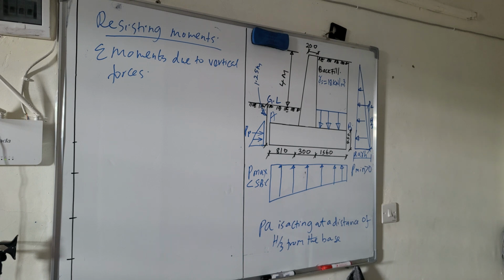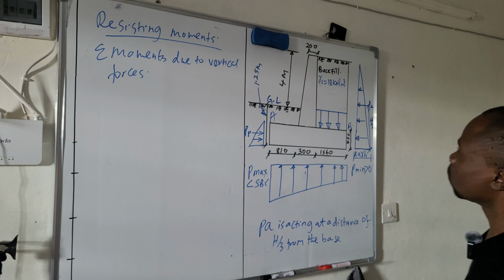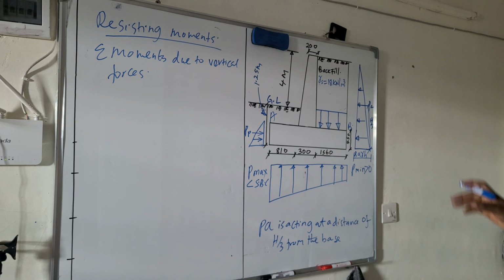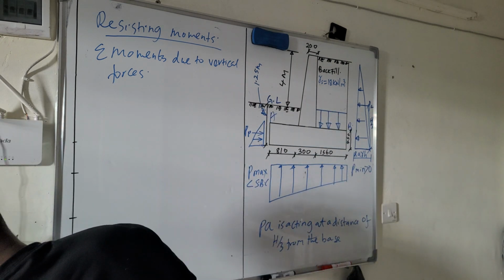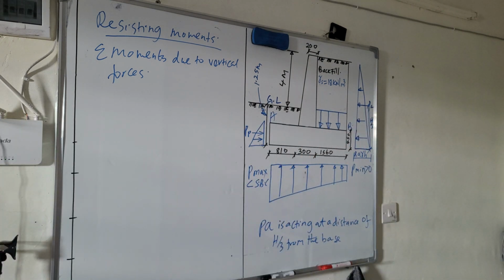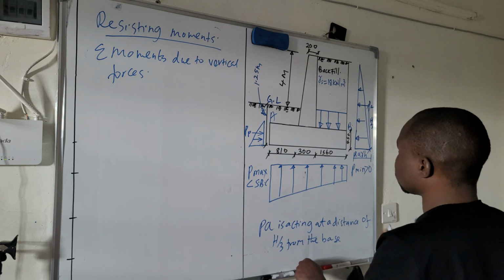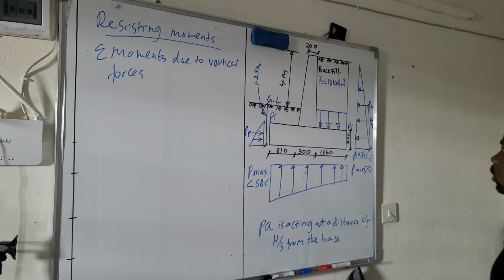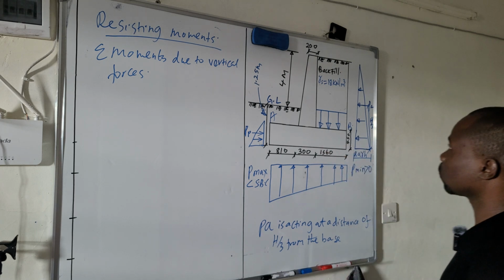So for us to calculate the forces due to this retaining wall, we will subdivide this retaining wall into various shapes as follows. As you can see, this is a trapezium and this is a rectangle.